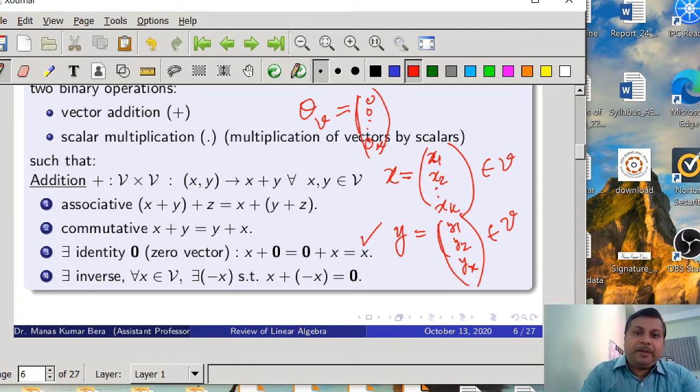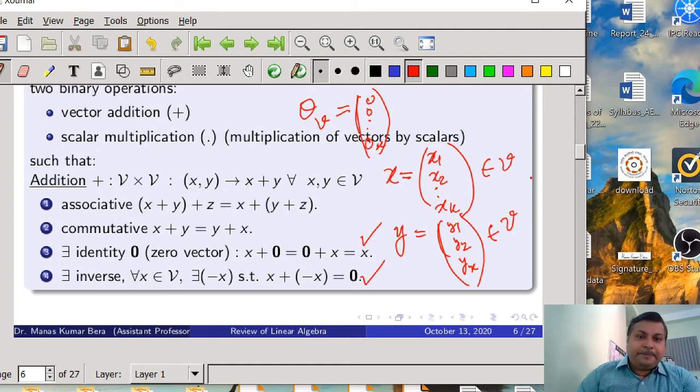You can verify that if we have a vector x, that is x1, x2, up to xk, then minus x is minus x1, minus x2, up to minus xk, and if you add these two vectors, you will get theta V, the 0 vector.